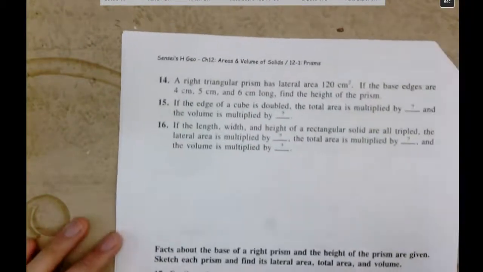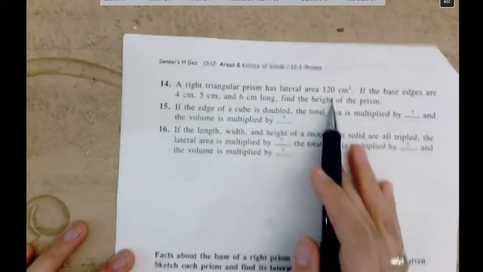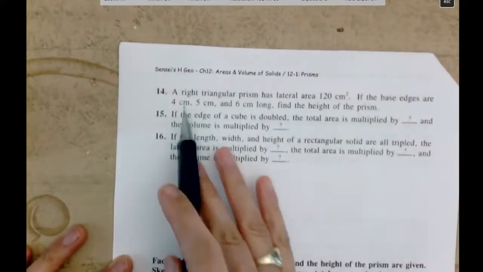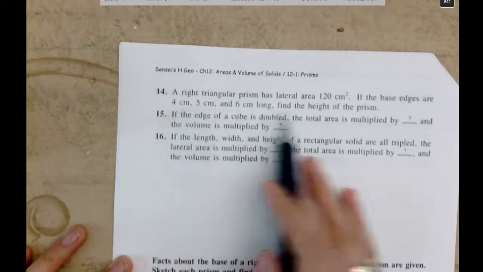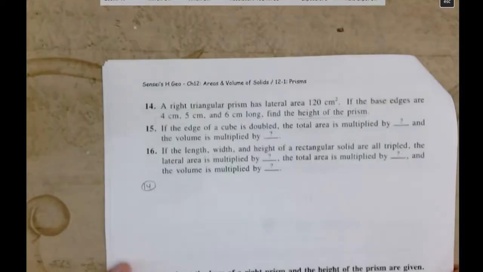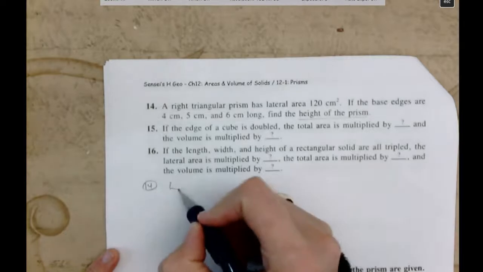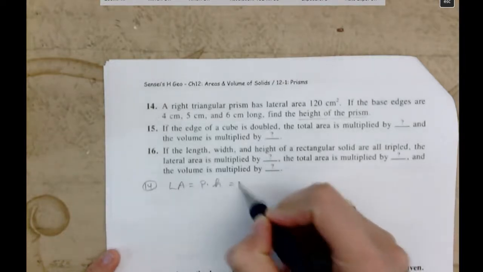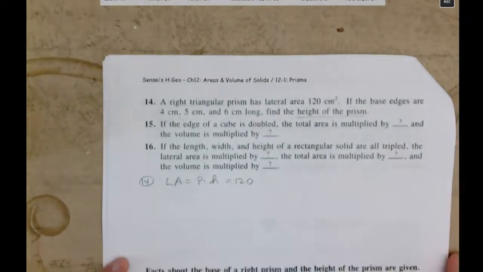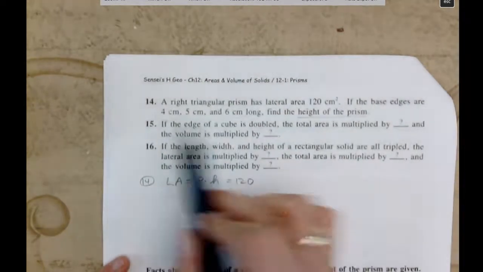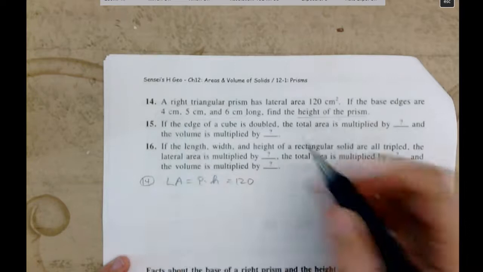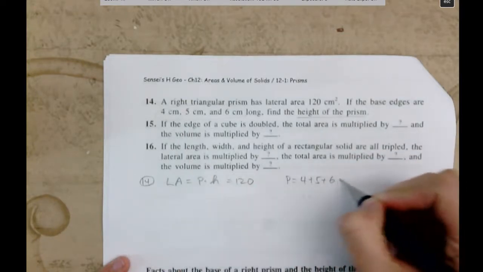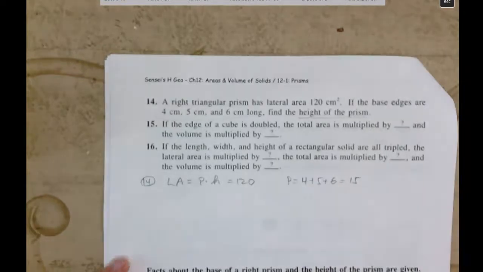Okay, so a right triangular prism has a lateral area of 120 square centimeters. If the base edges are 4, 5, and 6 centimeters long, find the height of the prism. The lateral area, you remember, is perimeter times height, which is 120. The perimeter of this triangle is 4 plus 5 plus 6, which is 15, right?